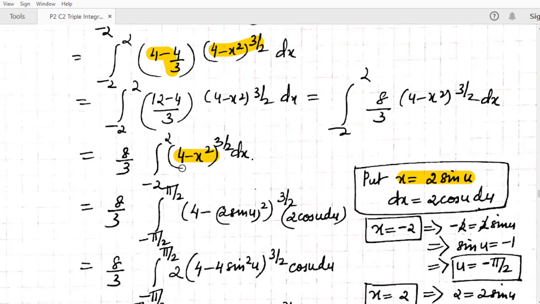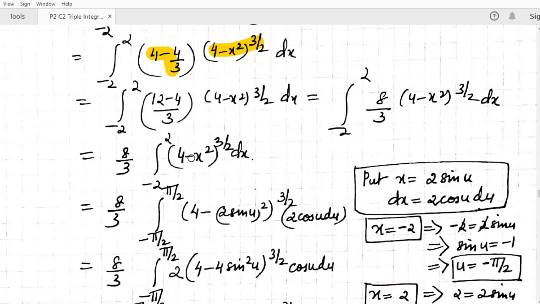We have to simplify this, and if we give x equal to sine or cos, we can see that here it is 4, and 4 minus sine square doesn't make it a simplified form. But instead of sine, if we put 2 sine u, in that case we get 4 minus 2 square sine square u.